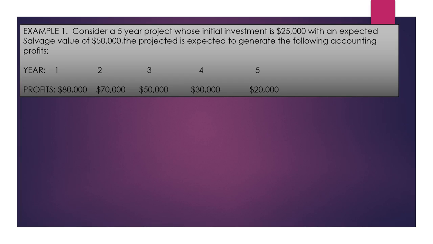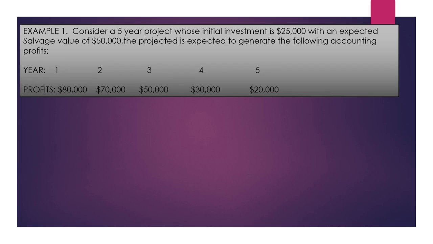The project is expected to generate the following profit. The salvage value means the value which can be sold off from the investment. It's also called the scrap value. So it means the value that can be sold off in the market.